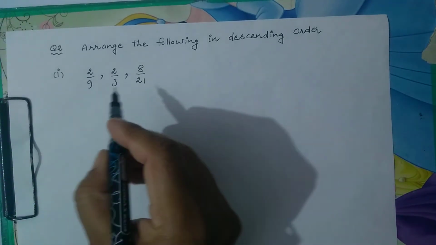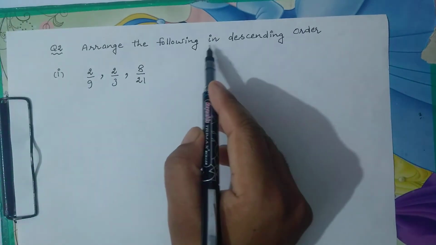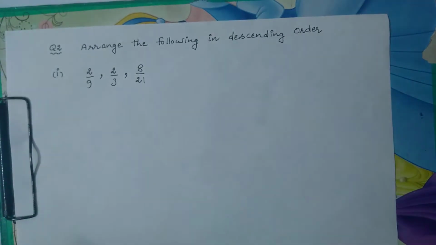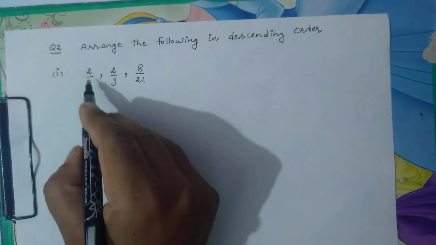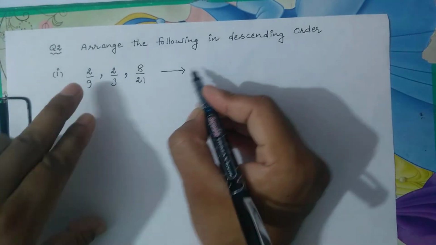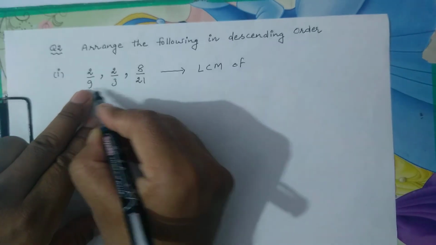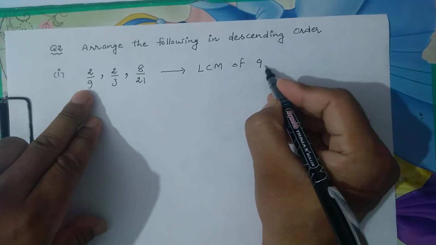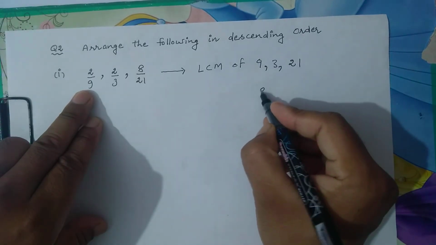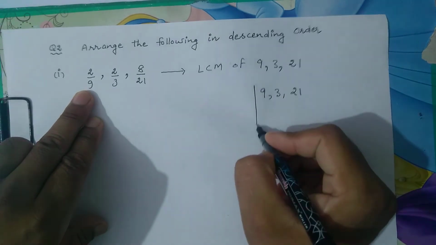My dear students, now we have question number 2. Arrange the following in descending order. Descending means decreasing order. So these are the numbers. What do we do? First of all, we take the LCM of the denominators 9, 3, 21.